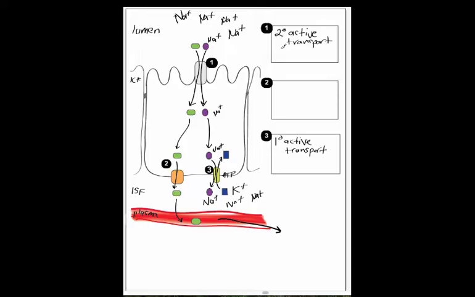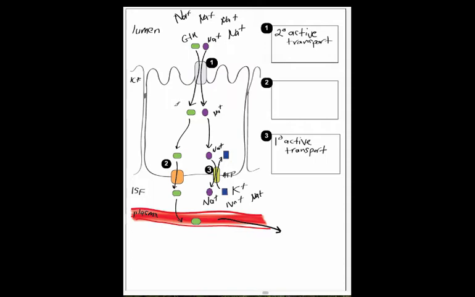With secondary active transport, the transporter protein allows one solute to move in with its concentration gradient, so from high to low concentration, and that's sodium, while a second solute uses the energy in that sodium gradient to move it against its concentration gradient, and that is going to be glucose.